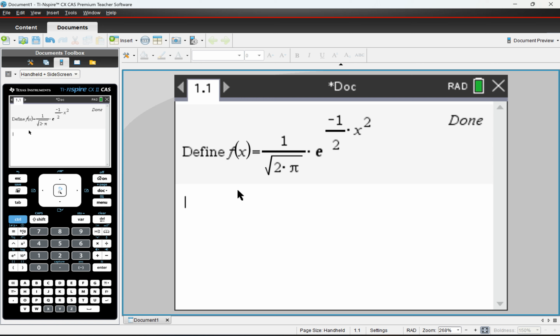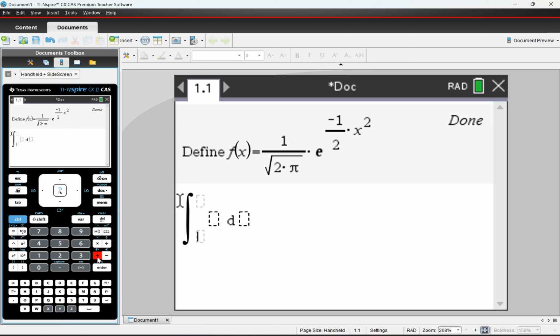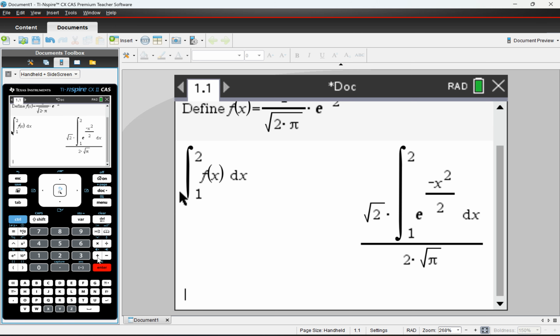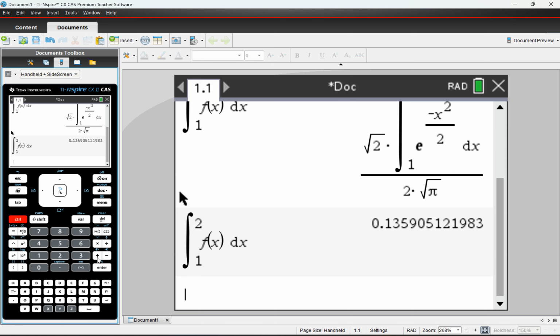All right. So if you were to find the integration, the area, you would normally say shift, and let's say from 1 to 2 of f of x dx. You get this 0.135, right?